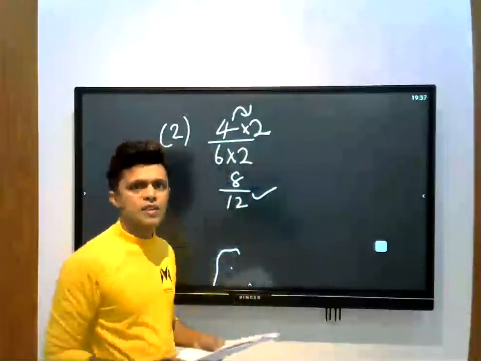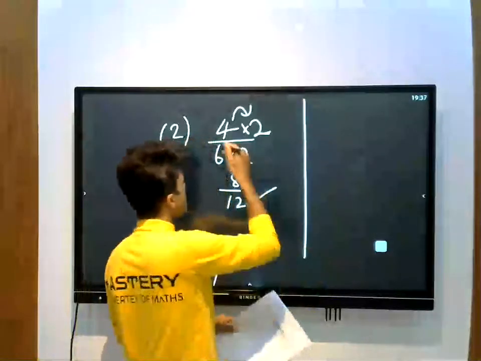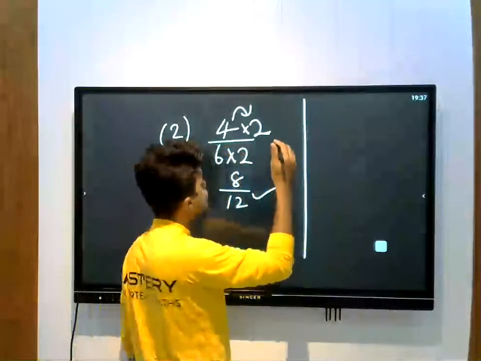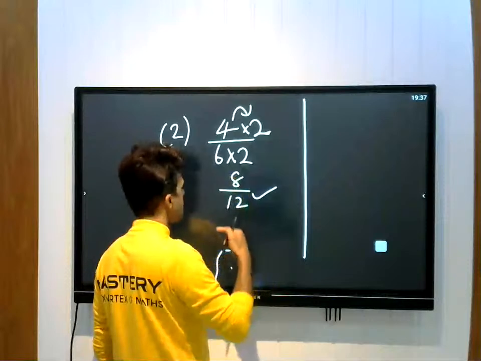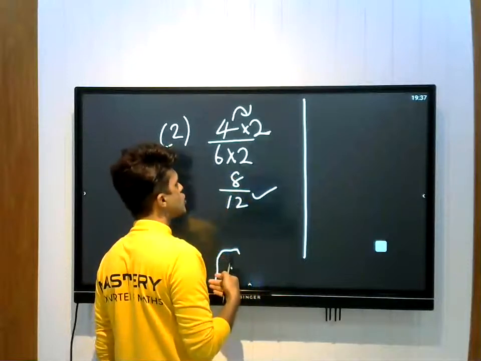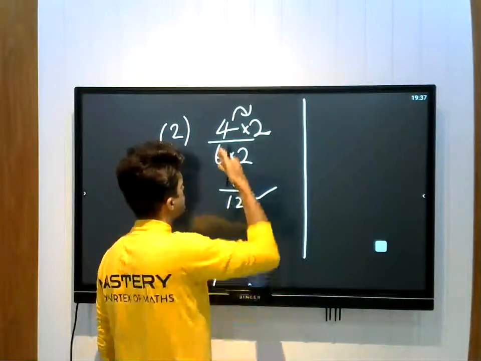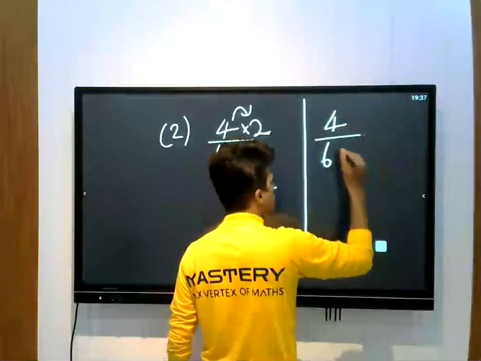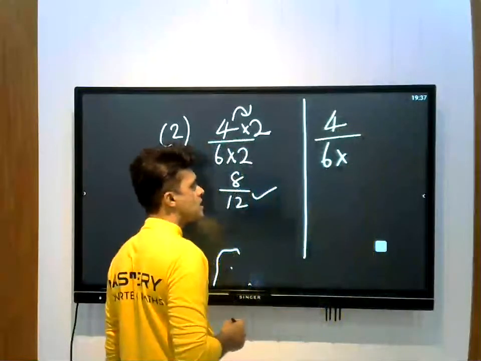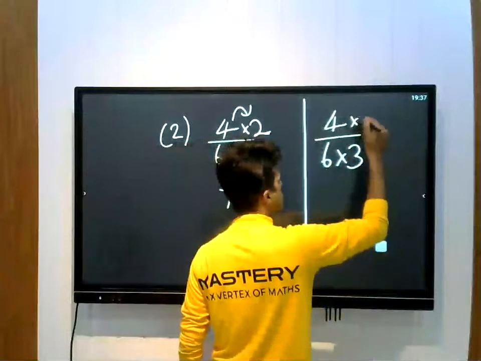Write two equivalent fractions. I selected the digit 2 to multiply both sides of 4 over 6. Both sides can be multiplied using 3 as well. This is up to you.